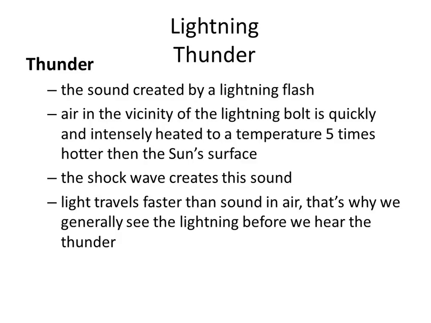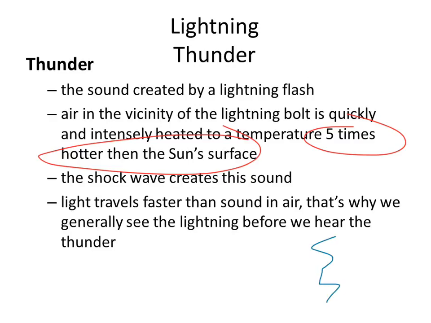Thunder is the audible part of lightning. What creates thunder is something very hot, as hot as the surface of the sun, not the interior of the sun. Actually 5 times hotter than the surface of the sun in the vicinity of that lightning bolt. Electrons are moving very fast and creating immense heat. Here's my lightning bolt.